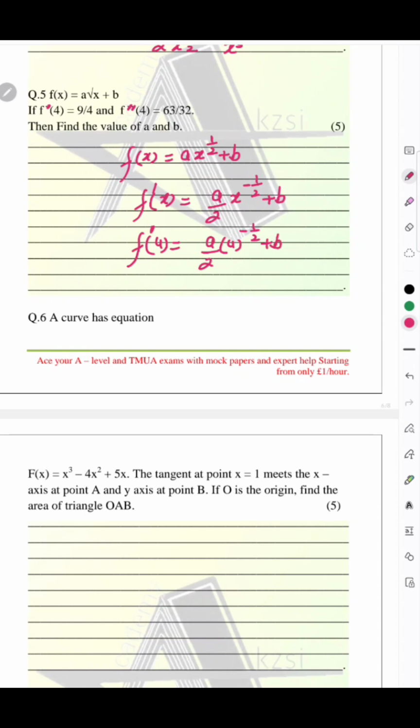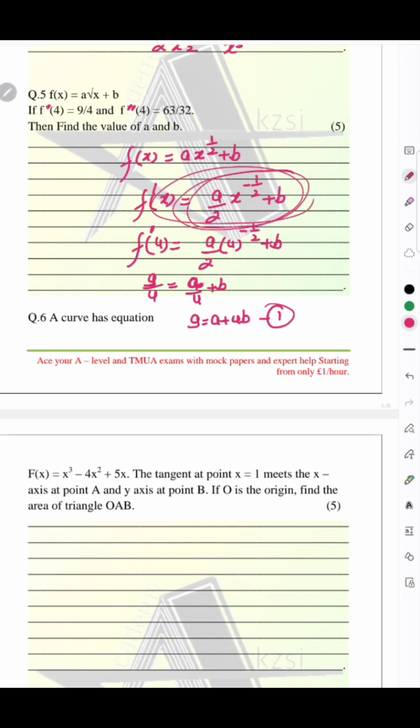So here it was 9 over 4, and this will be, if I bring it into the denominator, a over 4 plus b. Multiplying 4 on both sides will give me 9 equals a plus 4b. That's my first equation. The second equation in terms of a and b we will get when I differentiate it a second time.